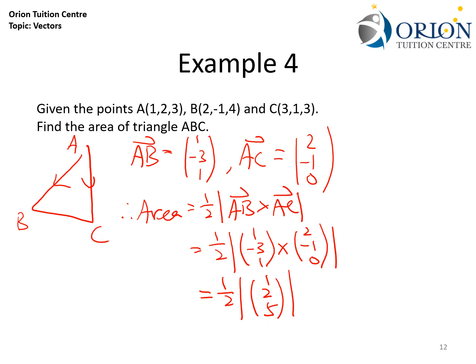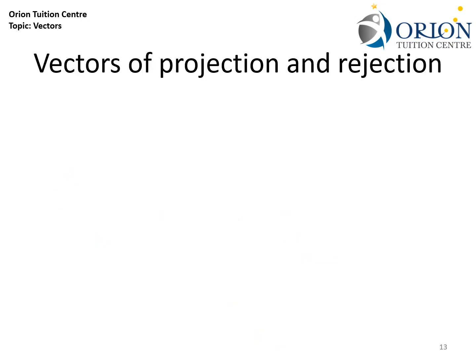And now if we take the modulus of this vector, we will yield half square root 30 square units, which is the area of this triangle. How we can derive this expression is exactly the same as how we arrive at the formula for the length of projection.